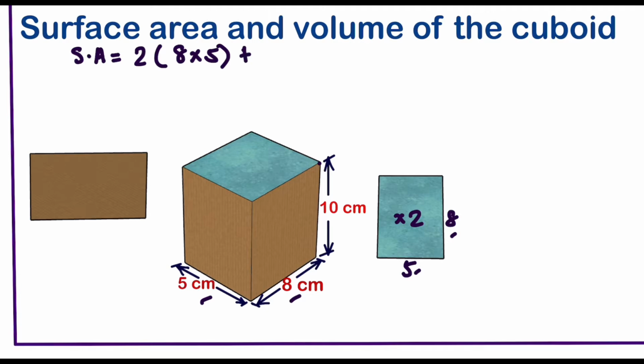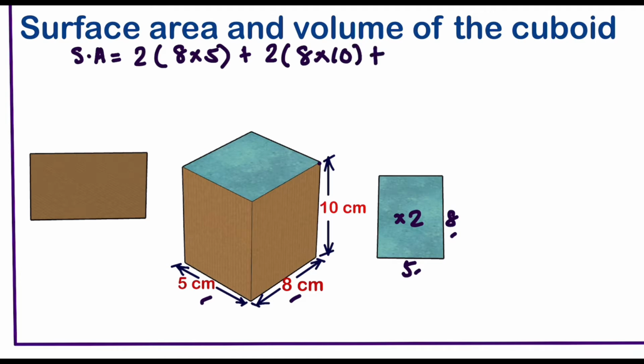plus, now looking at the front, this is a rectangle which is 8 and 10. The rectangle in front and the rectangle behind are the same, so it's also going to be times 2. Front and back are the same, so we are going to have 2 bracket 8 times 10.